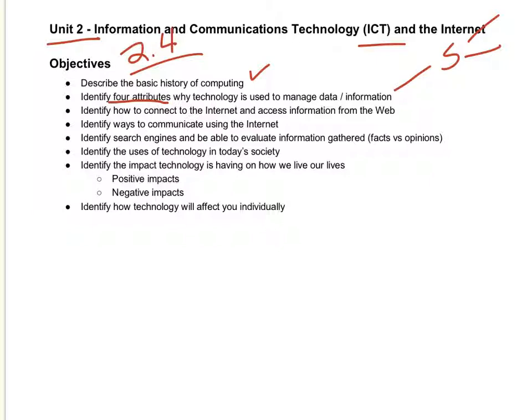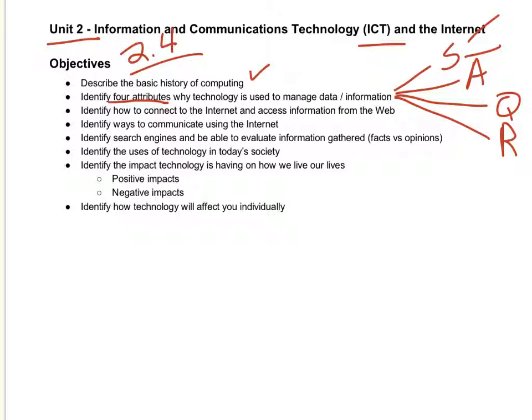How many bits per second? So we had speed. We had, it's very accurate, large quantity of information that computers can handle. And then, remember what the R was? Reliability.